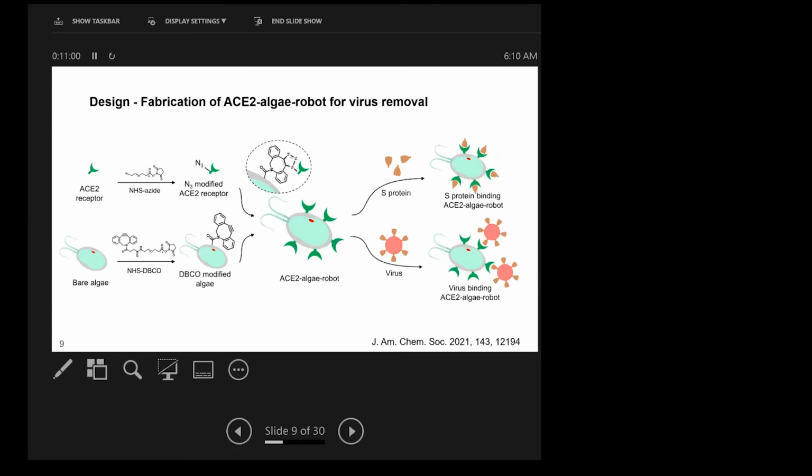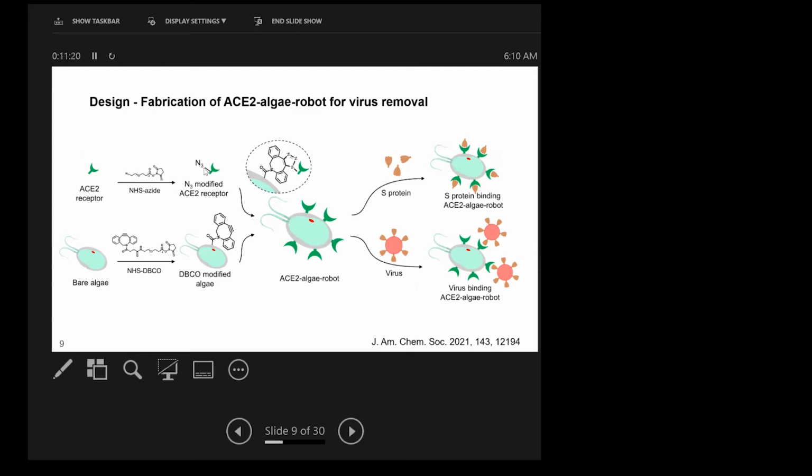So here is our design. We propose an idea to combine this algae with the ACE2 receptor. So the ACE2 algae robot is fabricated using click chemistry for anchoring the ACE2 receptor onto the surface of the algae.